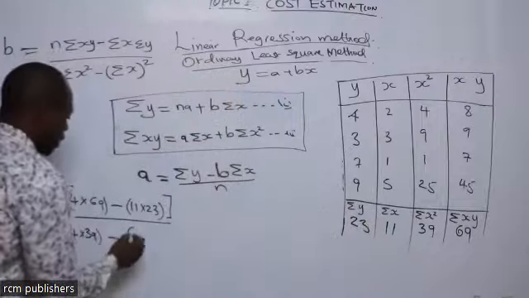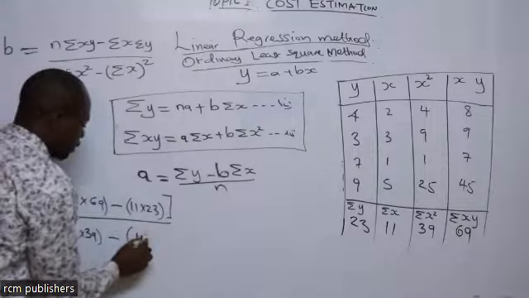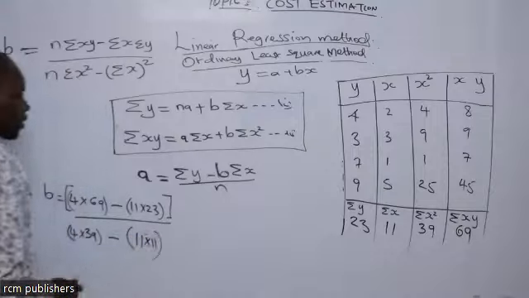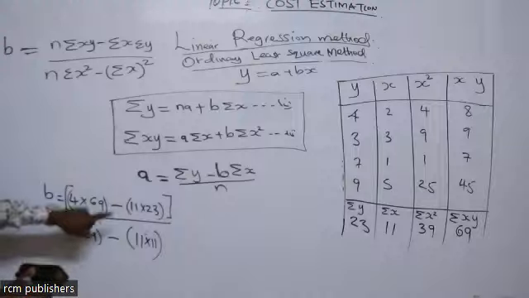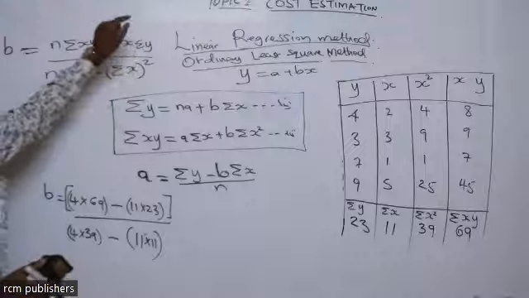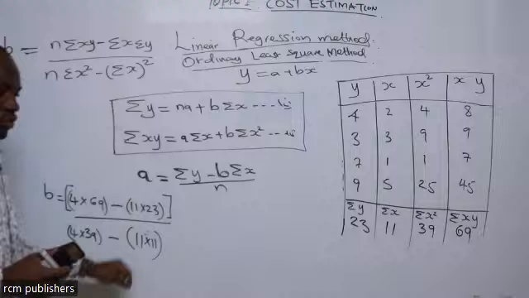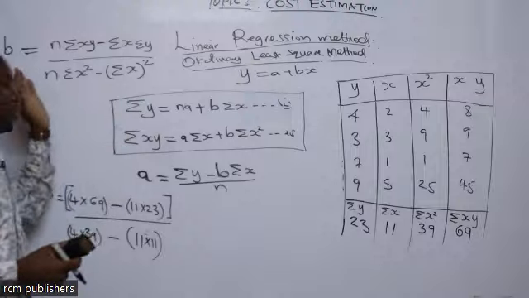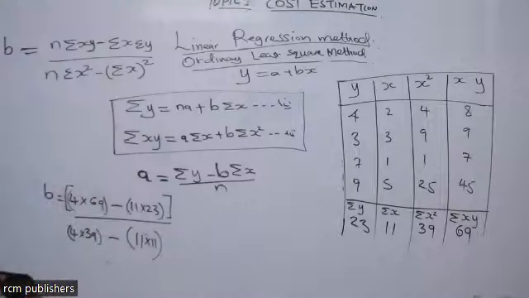So you take 11 squared, or 11 times 11. So you've now seen the difference between summation of x squared and summation of x in brackets squared. Because if you don't get that from today, you may end up missing all these marks all the way to your paper.